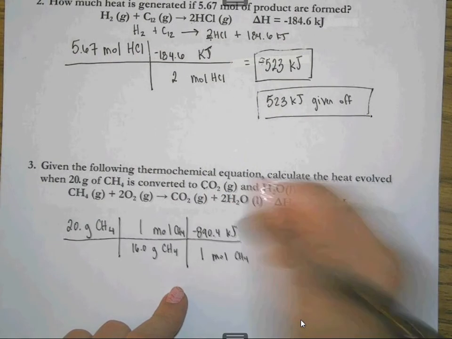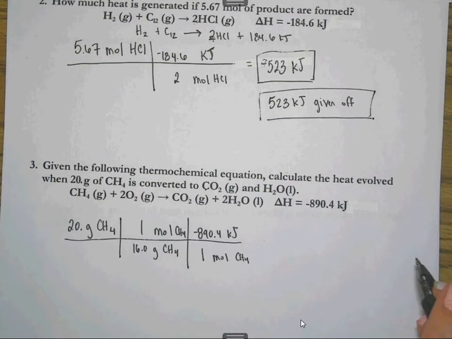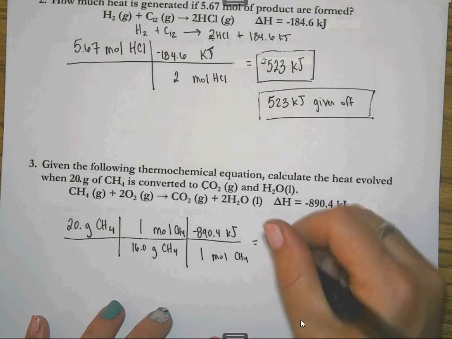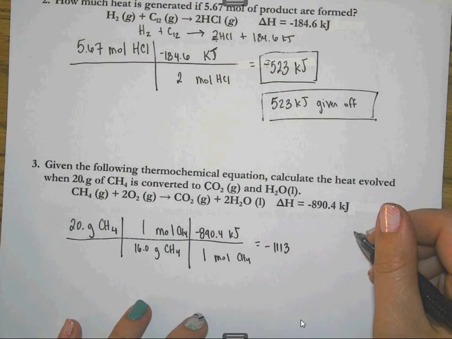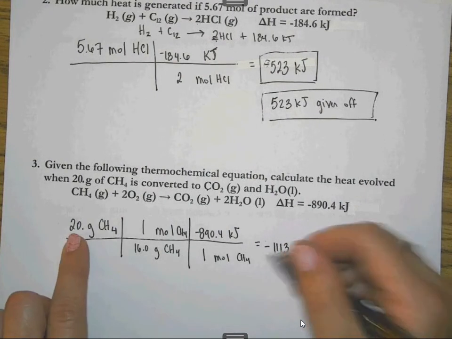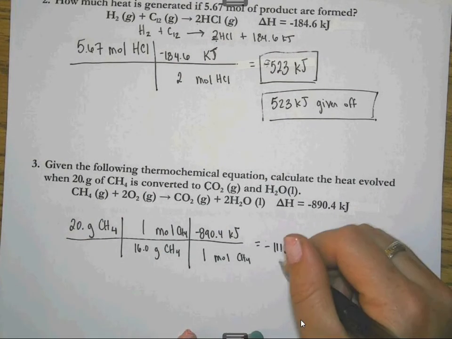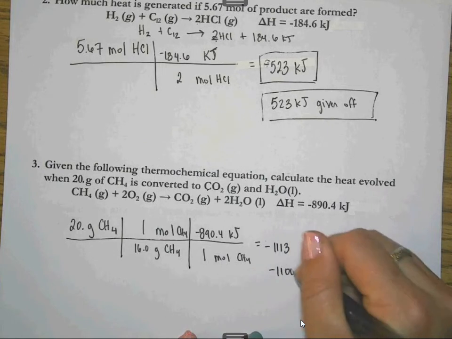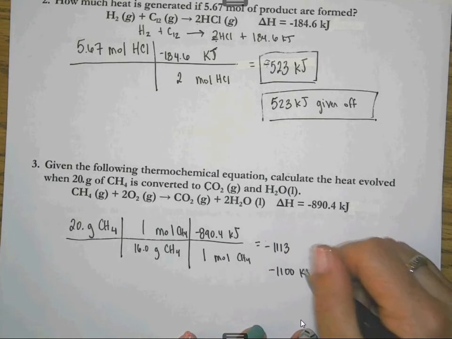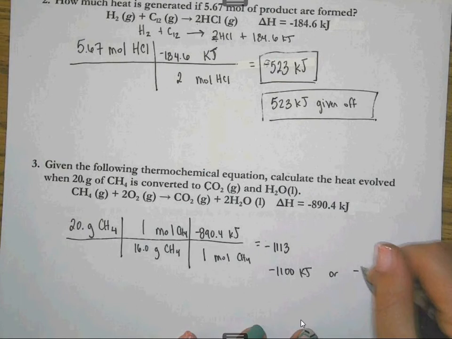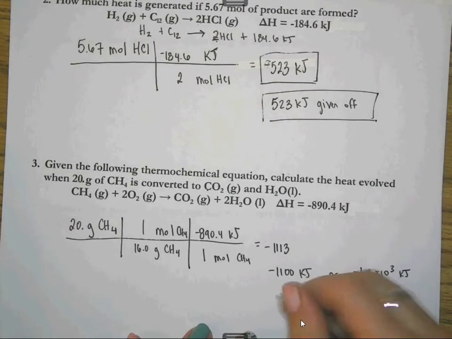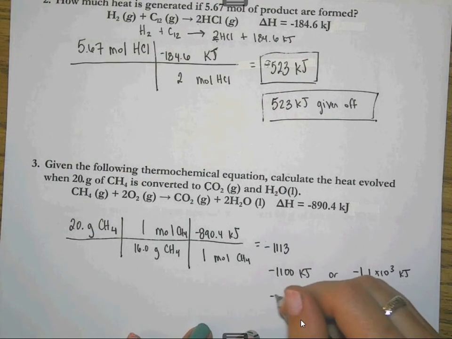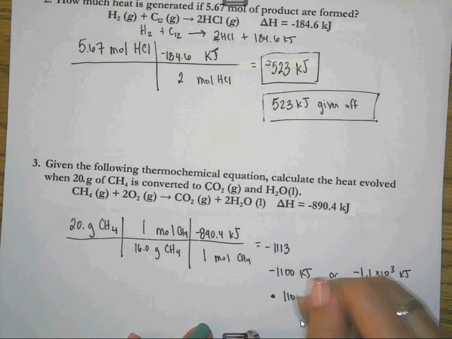Now, I'm just not going to write the equation on this one to show you that I don't have to. It's the same idea. So, negative 890.4 kilojoules. If I work this out, my calculator is going to say negative 1,113, but I can have 2 sig figs. So, I can call it negative 1,100 kilojoules, or that's the same thing as negative 1.1 times 10 to the 3rd kilojoules.